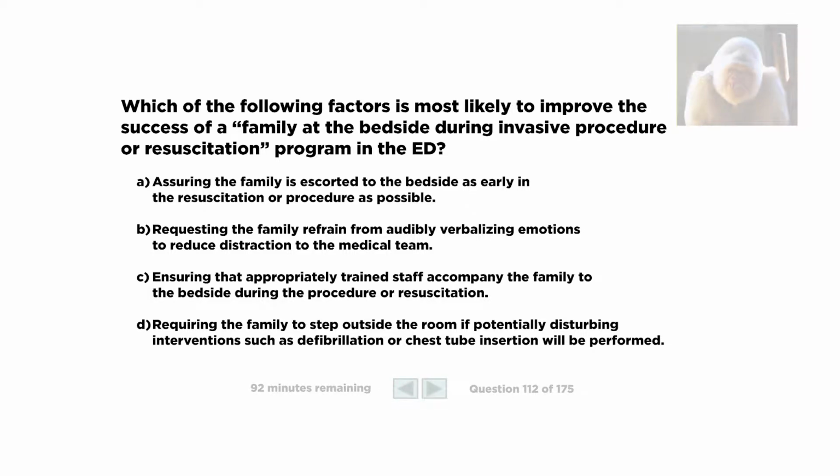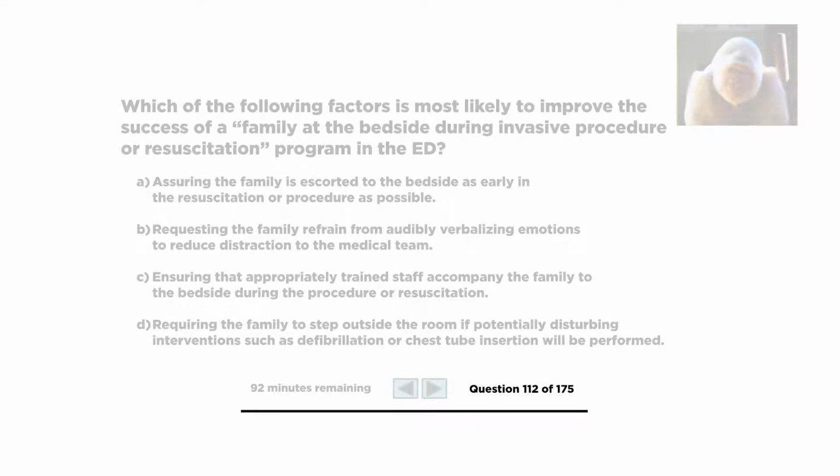You're going to notice on the bottom, there's another bar that has a lot of useful tools for you. The first tells you how far you are in the exam. So you can see in this example, you're on question 112 out of 175 questions. Now, notice on that bar along the bottom, it also says that you have 92 minutes remaining.